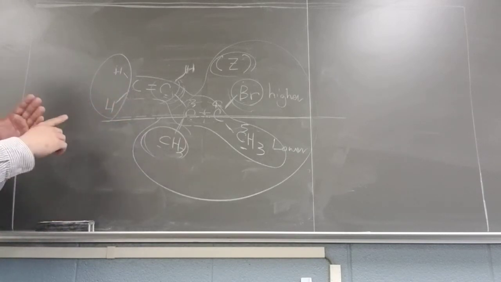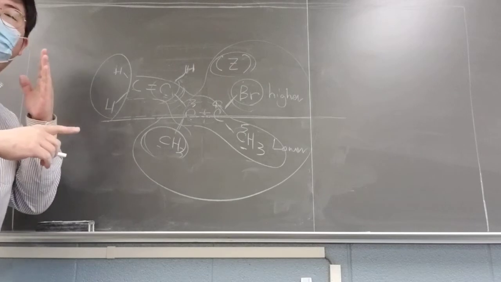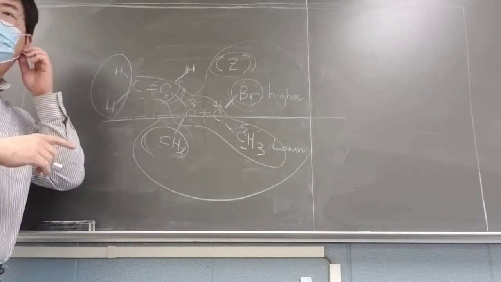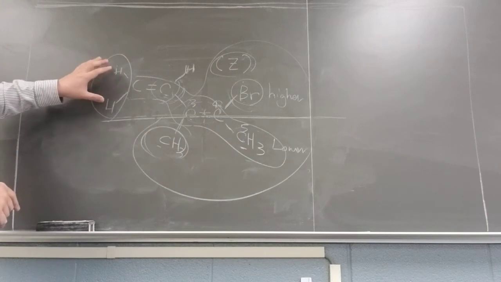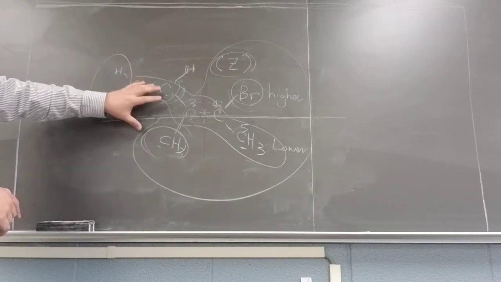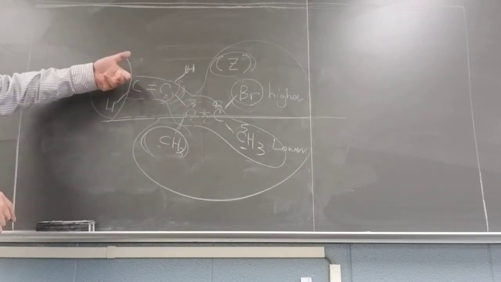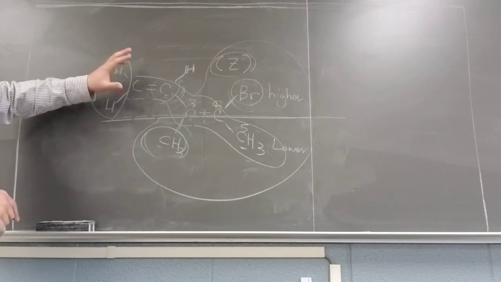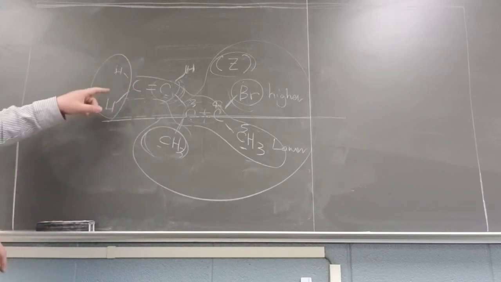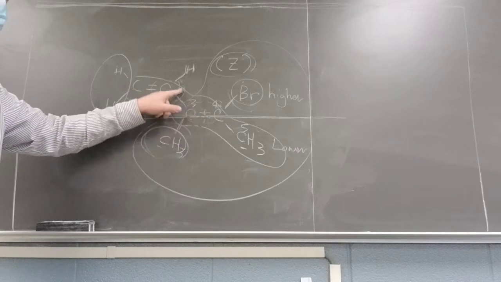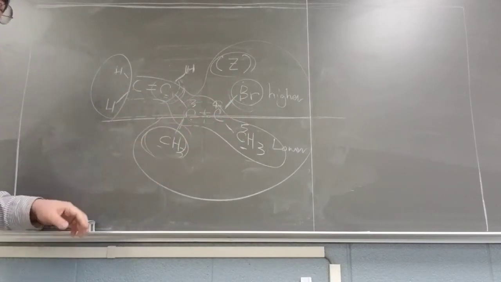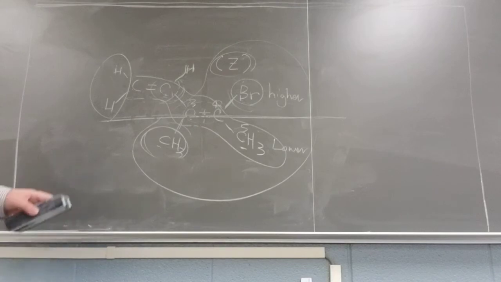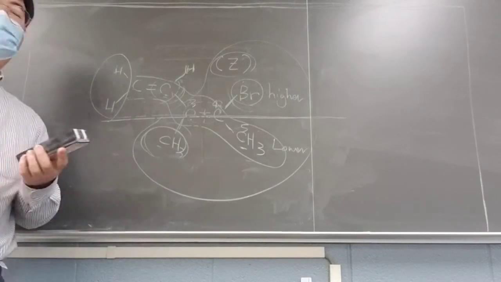In that case, it cannot be cis and trans or E and Z. Because if it's the same compound, the other possible scenario, you just flip it. It's the same thing. So that's why it cannot be used for E and Z, just this one. They're all different on these two carbons. Okay, makes sense, right?